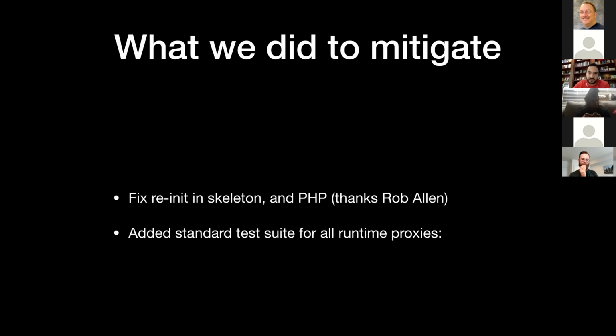In doing this, we fixed the reinit path in the skeletons, and thanks to Rob Allen for addressing the PHP one in particular. And to make sure that all the runtime proxies present the same uniform basic interface to the OpenWhisk system and provide a consistent interface for all user actions running inside a container, we added a standard test suite for all runtime proxies.